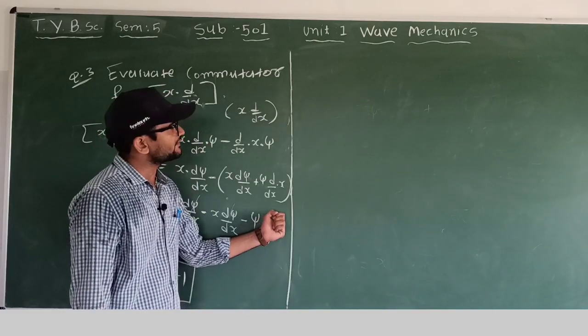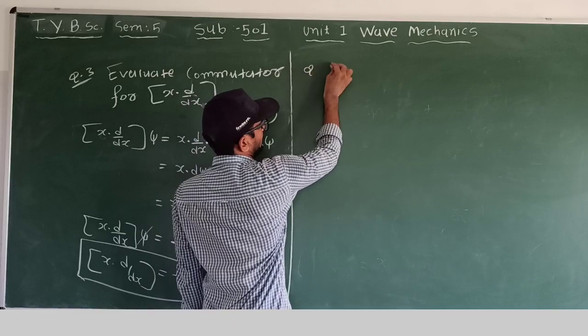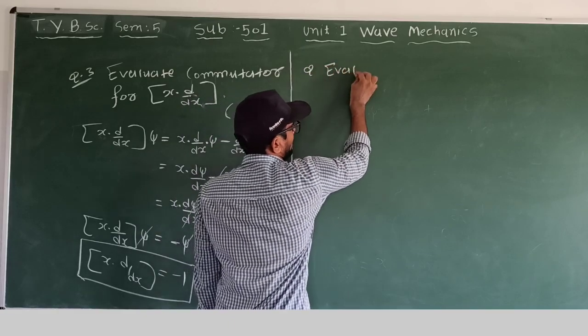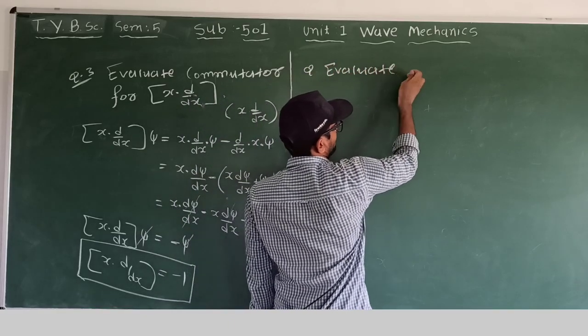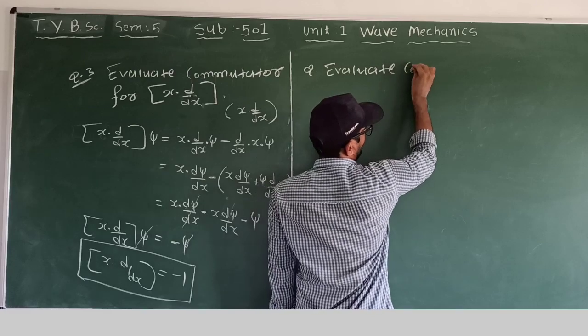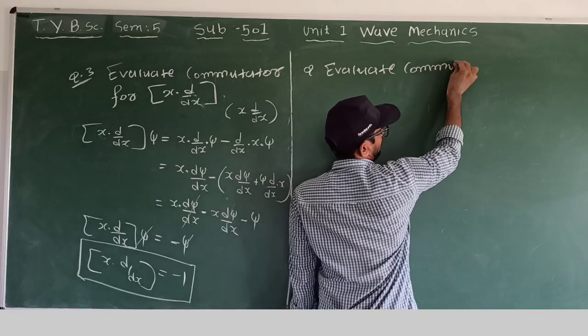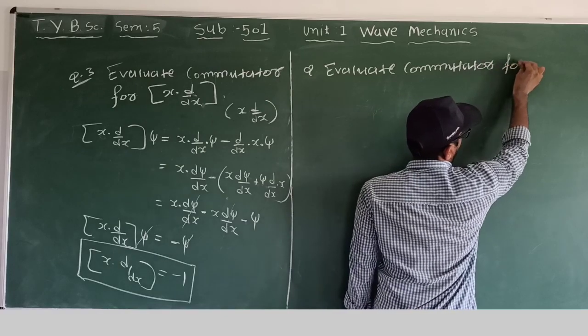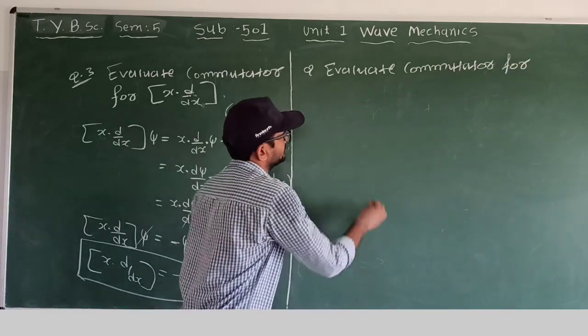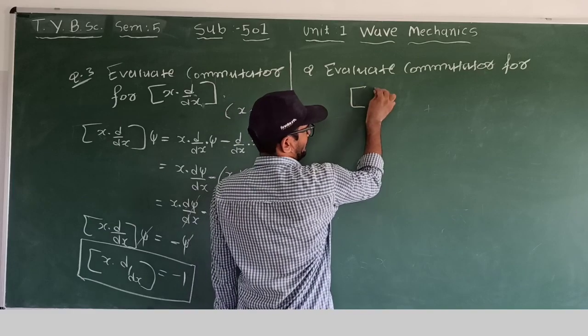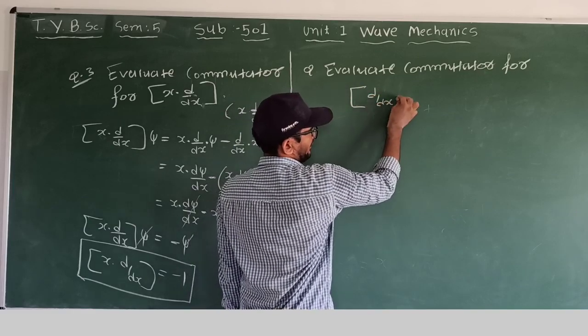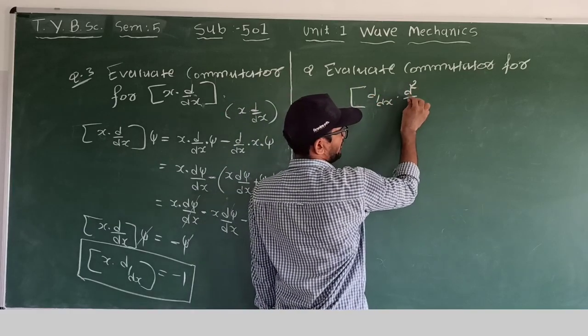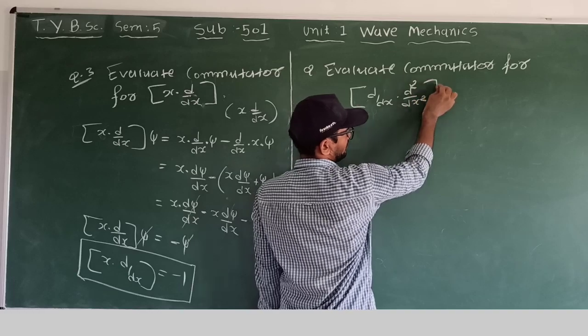So now the next question is: evaluate the commutator for d by dx and d square upon dx square.